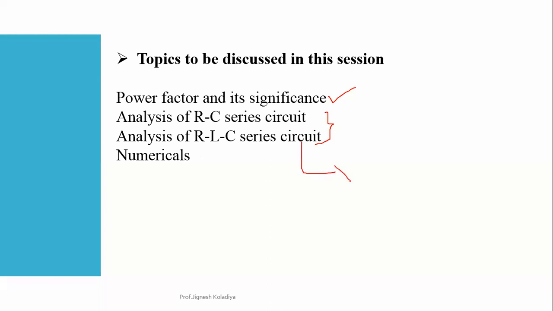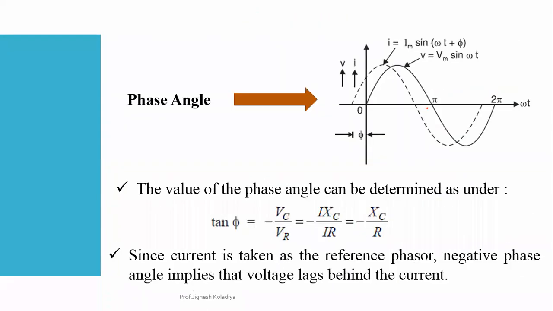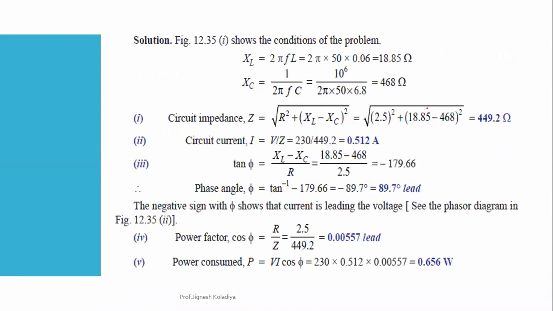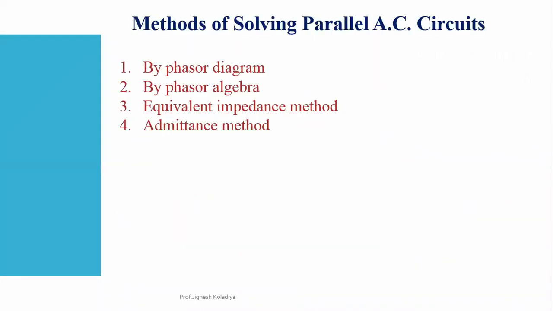In the RLC series circuit we have three cases: first XL greater than XC, then XC greater than XL, and then both are the same. After that we solved one numerical based on these topics. In the next session we will solve more numericals on this type of topic, and then we will start a new topic based on parallel circuits.